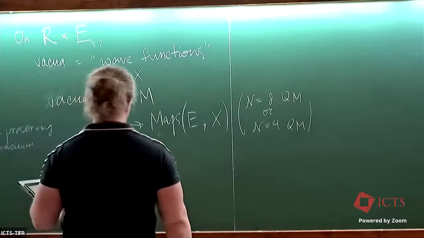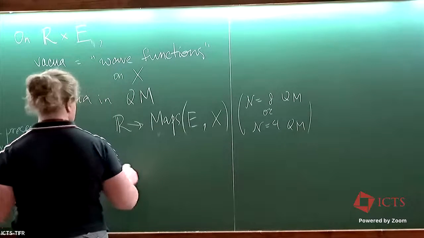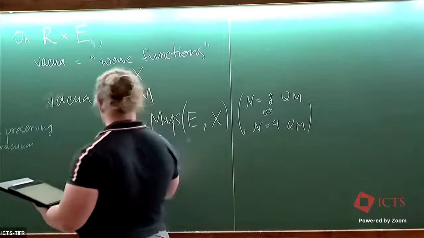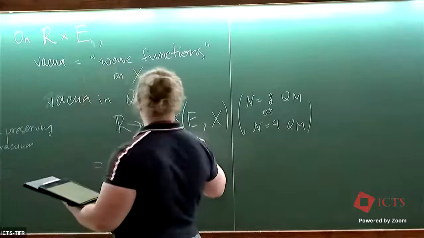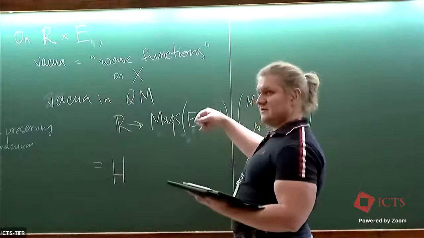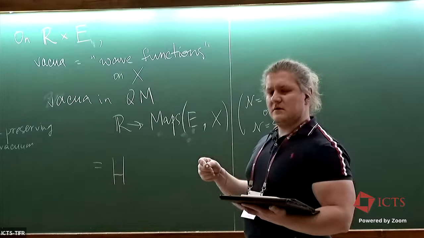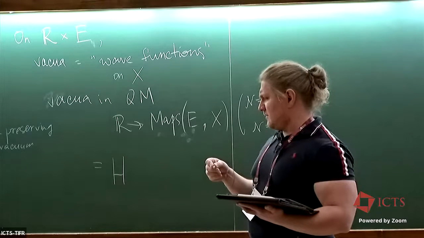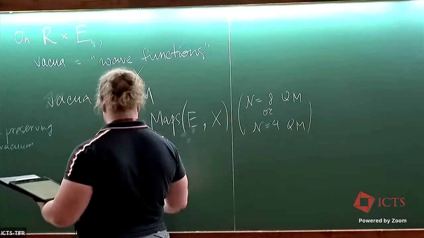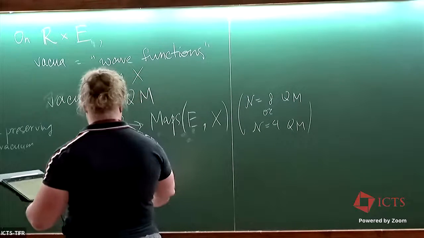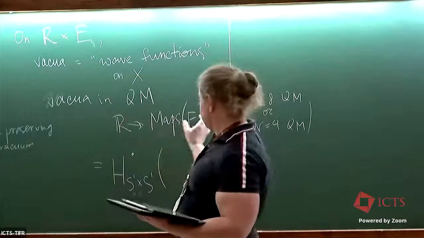Anyways, in quantum mechanics, these vacua can be identified with a homology. In fact, it can be identified with equivariant cohomology of this space. So this space of maps from the elliptic curve to X, you can think of it as a double loop space. And then you can study equivariant homology of this space, equivariant with respect to both loop rotations, because they're two one cycles of the torus, you can rotate them.